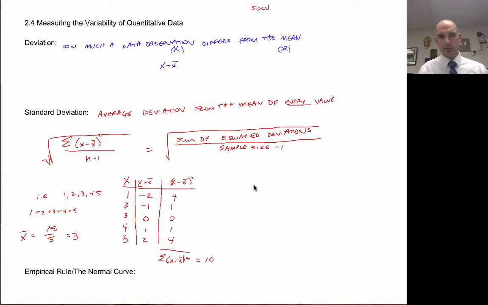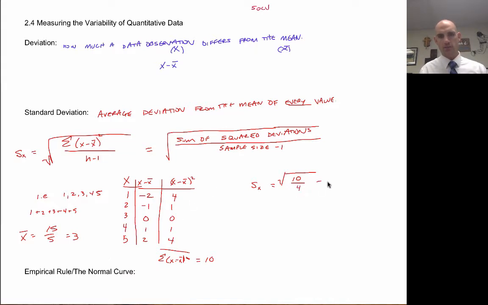And we're going to take this, so standard deviation, that's S of x. I should have put that up here, sorry guys. Standard deviation is Sx. So Sx is equal to the square root of 10 over sample size minus 1, which would be 4.